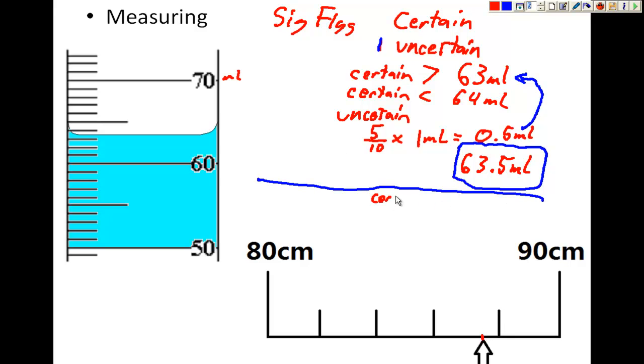So we're certain that it is greater than, now let's figure out what it is here. So unlike this one, which has between 60 and 70, each one going up by 1 milliliter, this one only has 4 in between here, so it's going to be going 82, 84, 86, 88, and then 90.